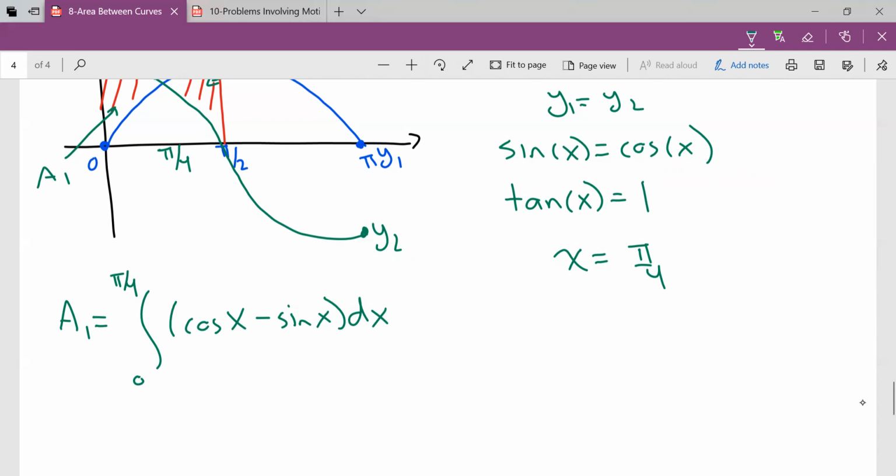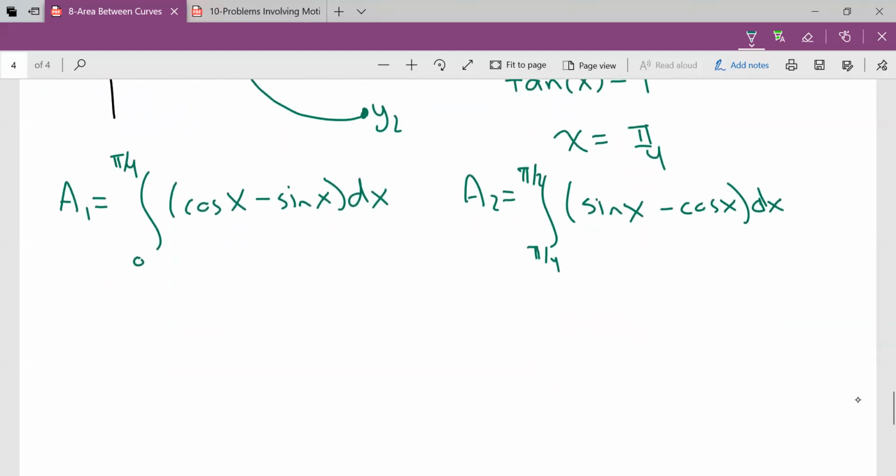Area 2 would be from pi quarter to pi half of our top function, now sine x, and our bottom function would be cos x, dx. Just like that. All right. And so now, friends, all you need to do at this point is take the antiderivative and then evaluate it on your bounds.